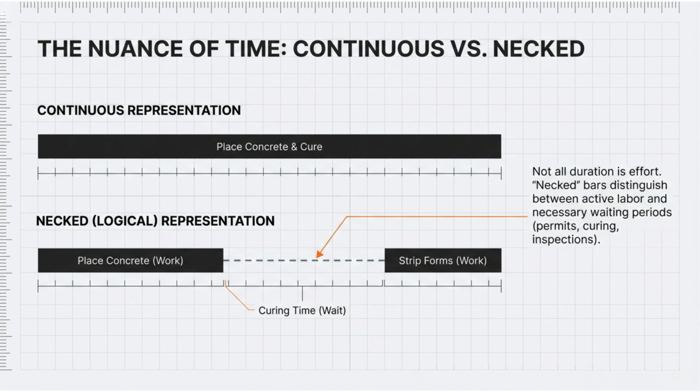Here's something that trips up a lot of students. Not all of a bar's duration is actual work. Sometimes you have waiting built into an activity, and that distinction matters enormously for resource planning. Take our classic example, placing concrete and then curing it. If you draw one continuous bar from pour to strip, it looks like you need workers on site the entire time.